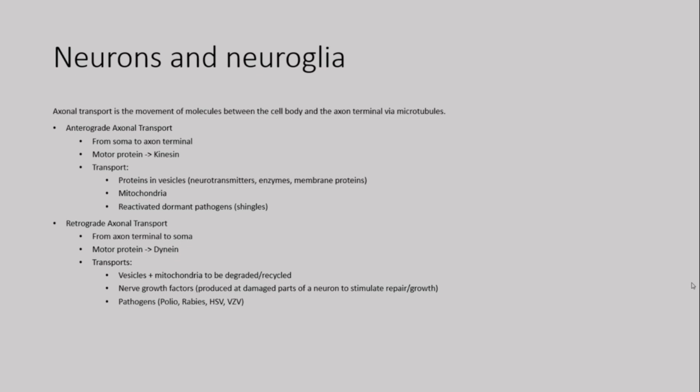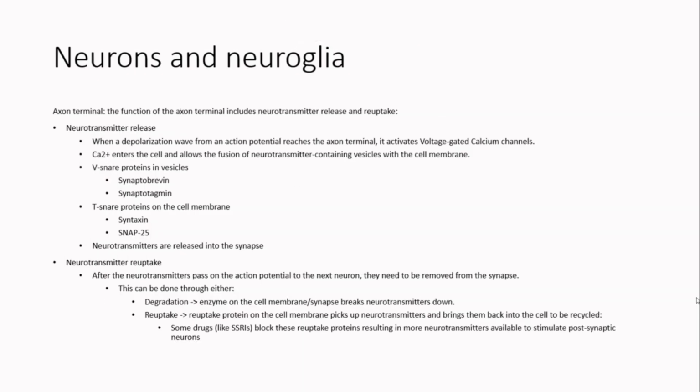So we will transport these nerve growth factors via retrograde axonal transport. But also pathogens: we already talked about varicella zoster, but you have here polio, rabies, and herpes simplex.